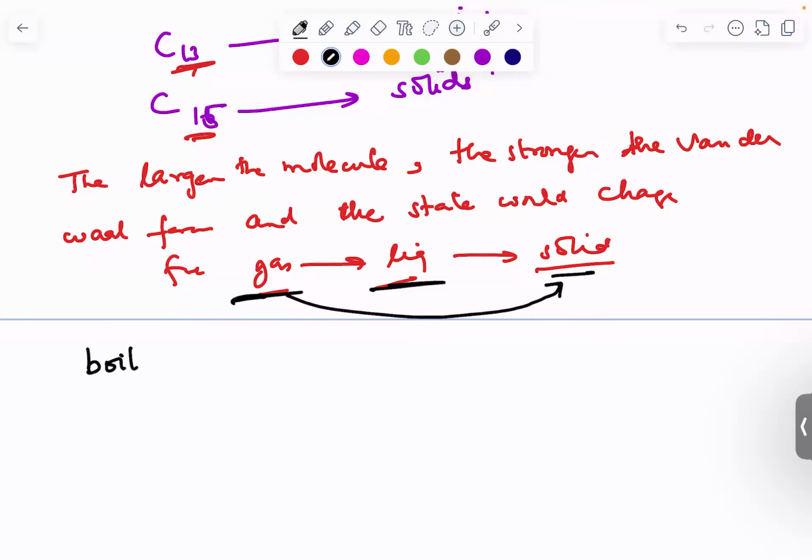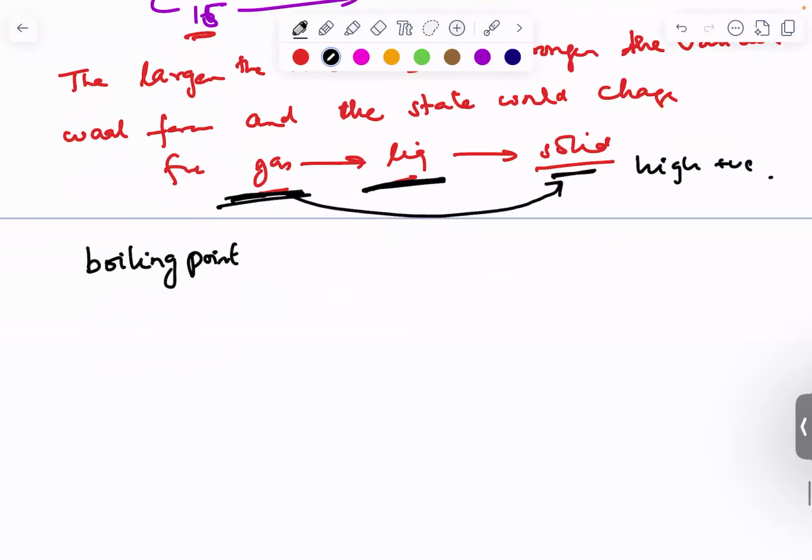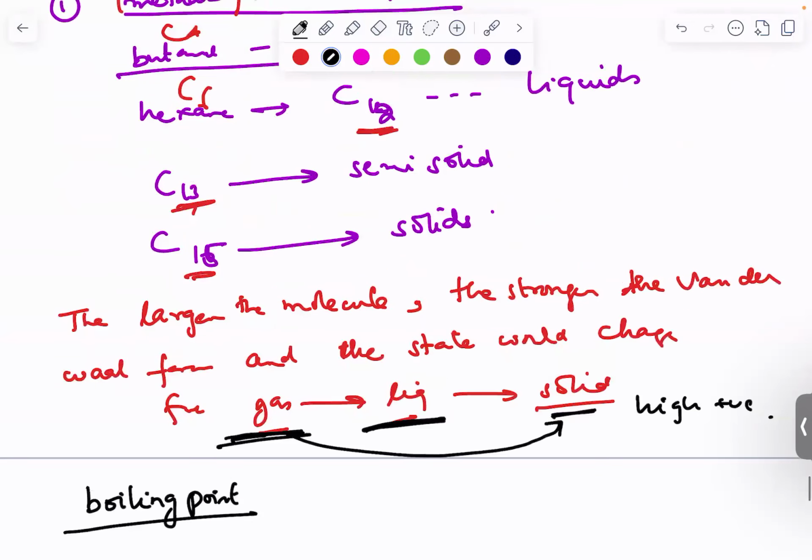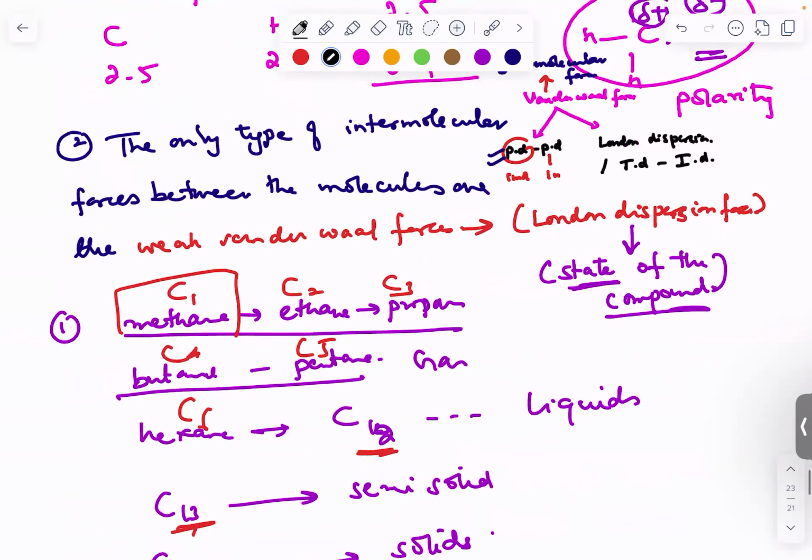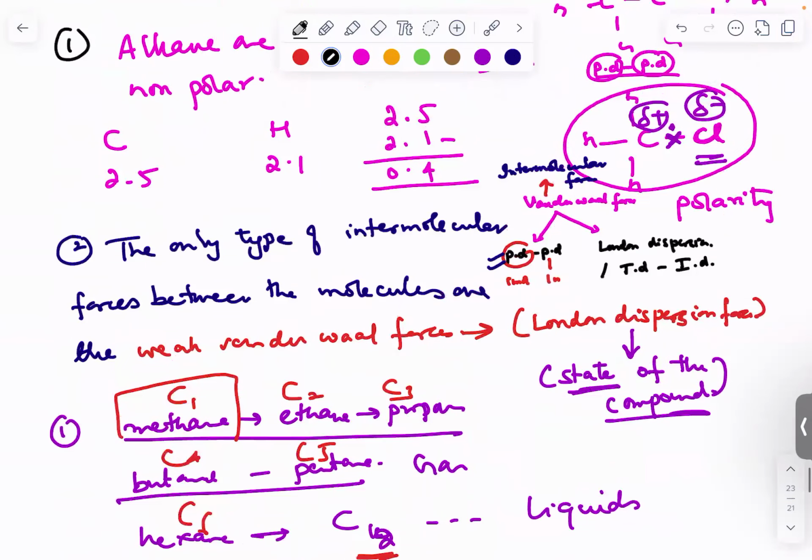Boiling point. Yeah. Gases have very low boiling points. Then liquids would have a boiling point in positive, but very low positive. And solids would have high positive. Are you getting my point? So boiling point, which property is this? The third property.